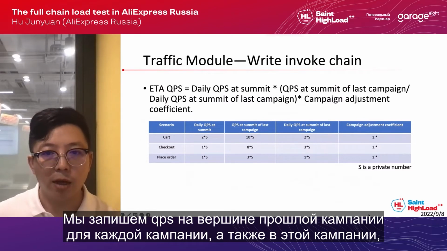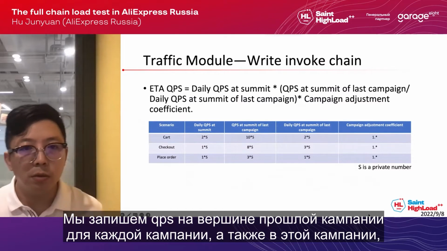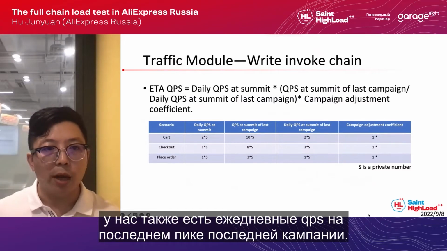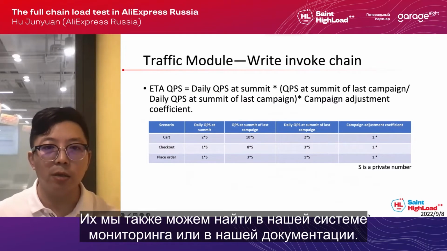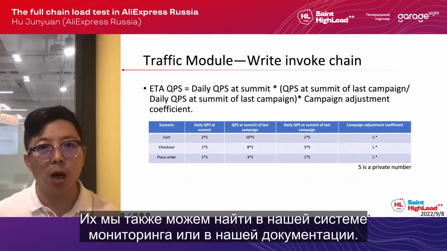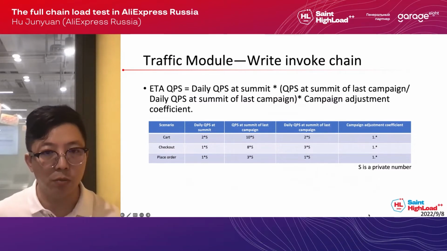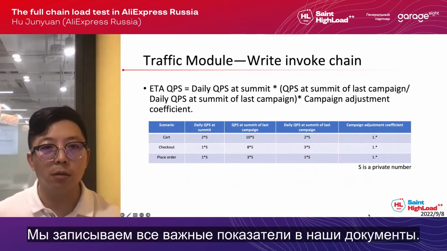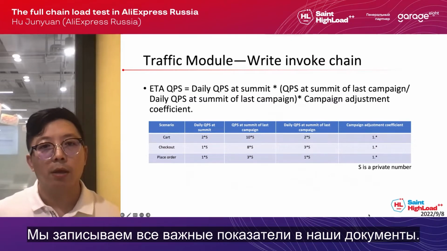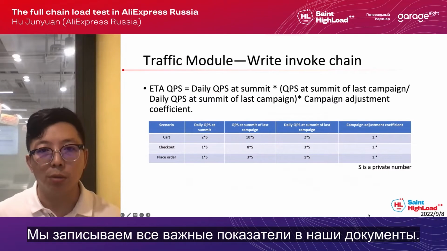And for the third, we also have the daily QPS at the summit before the last campaign. We can find these in our monitoring system or in our document accumulations. We record all these important indicators in our documents.